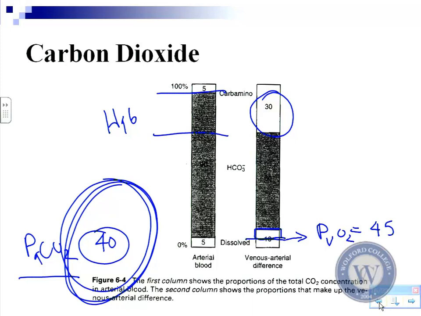So when you're looking at CO2 values of 120 liters times 5%, which would be what? 6 liters. So the amount of CO2 that's actually dissolved is 6 liters. The other 6 liters would be bound to your hemoglobin or bound to some form of protein like albumin.